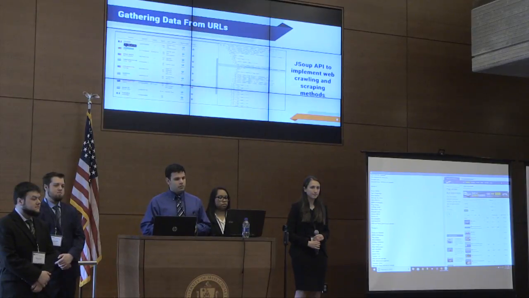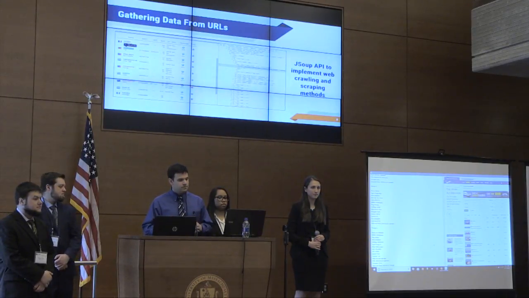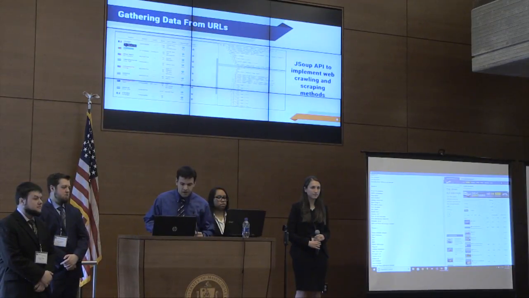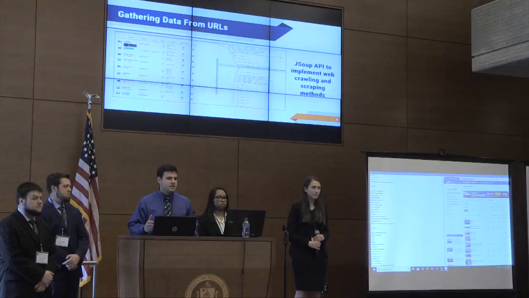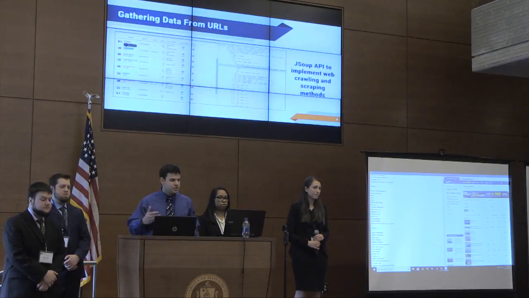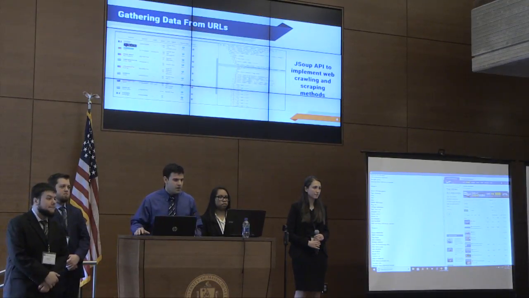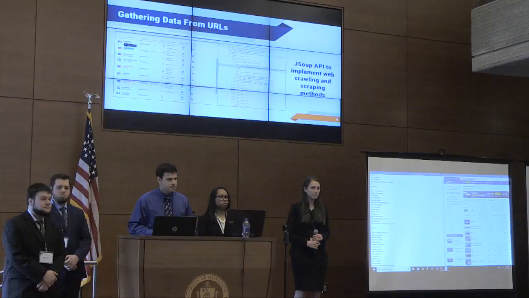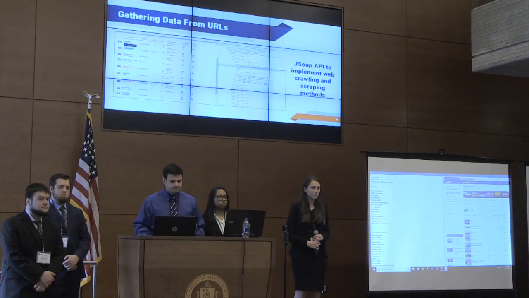At that point, it'll search for the table of ships, which you can see on the slides up there, and it'll pass each individual link for each ship to our web scraper, and that's where our web scraper will access each page for each ship and extract its AIS data and store it in our database.